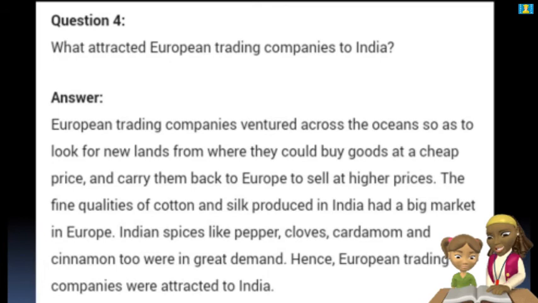The fine qualities of cotton and silk produced in India had a big market in Europe. Indian spices like pepper, cloves, cardamom, and cinnamon were in great demand. Hence, European trading companies were attracted to India.